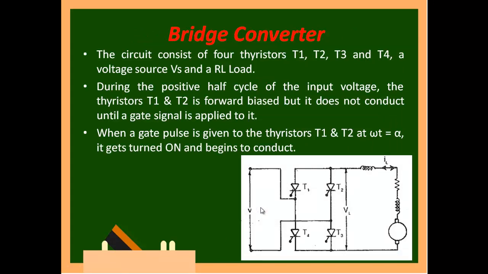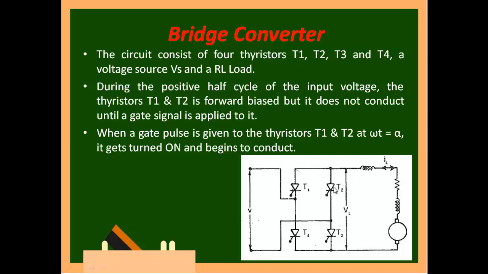And now we discuss the bridge rectifier. In the bridge rectifier, instead of 2 diodes, 2 transistors, I am going for 4 transistors, so it is a fully controlled operation. In fully controlled operation, the pulse remains the same.